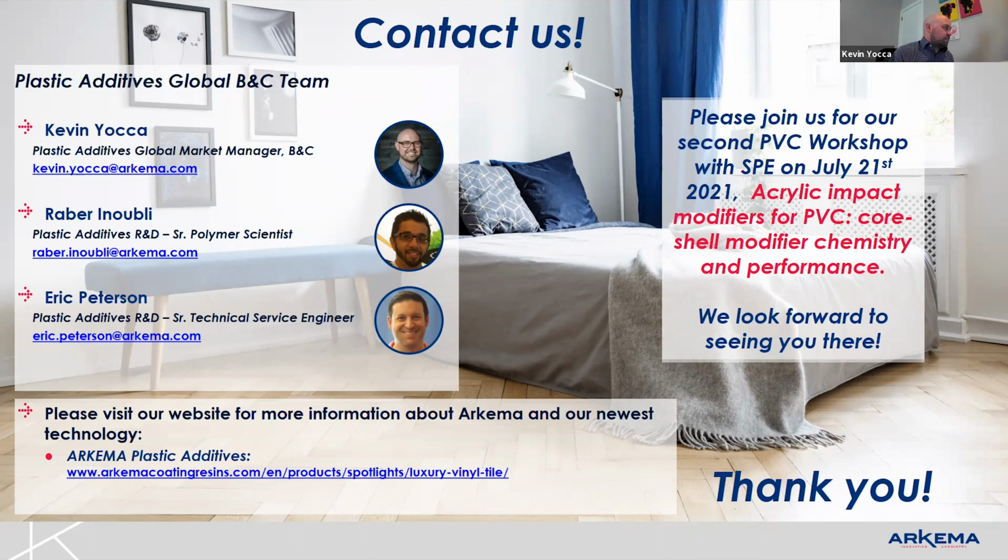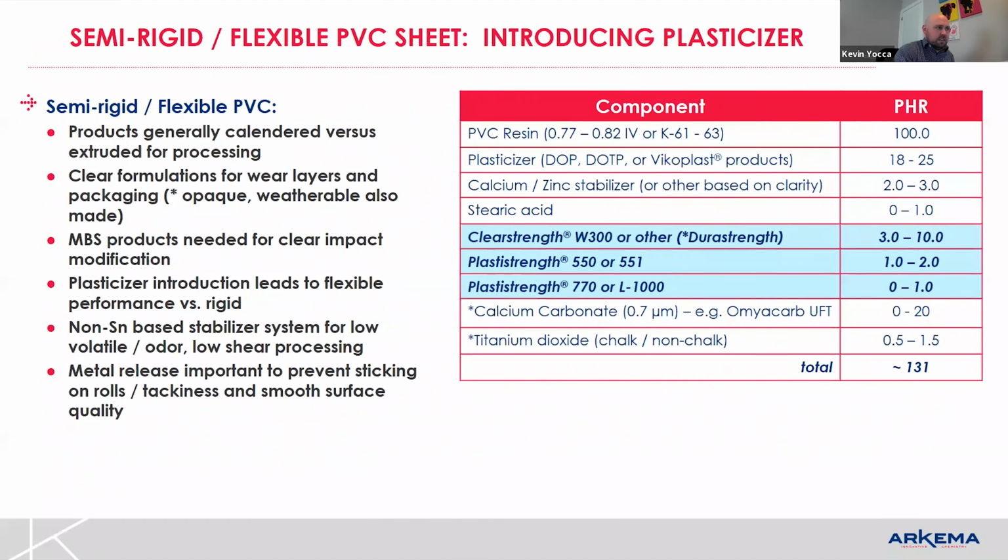And then Spence, I will see a semi-rigid. So I put one in here for semi-rigid as one of the formulations before I stopped. And I would say that the main difference here is you start to introduce stable or plasticizer, obviously. And as we're introducing plasticizer, we start to change diffusion profile.